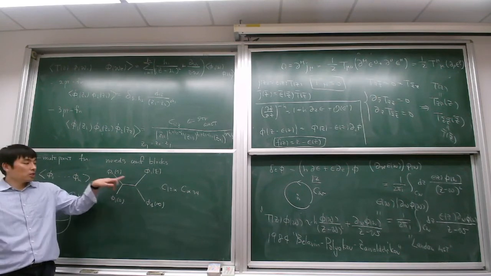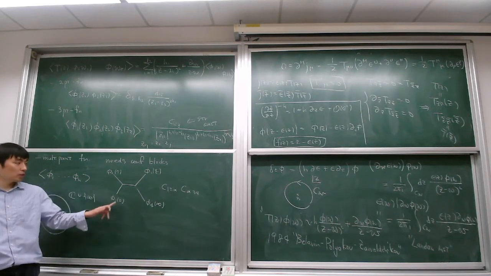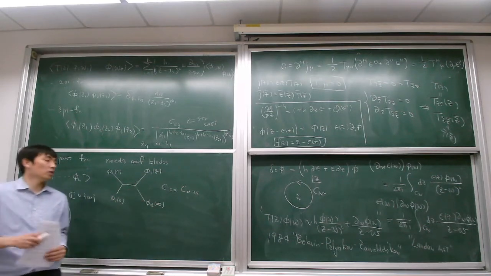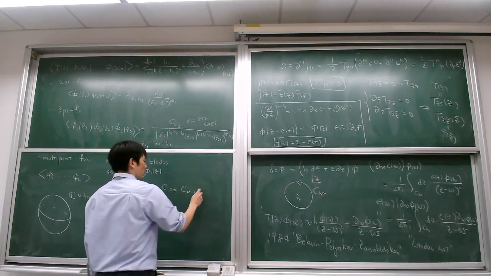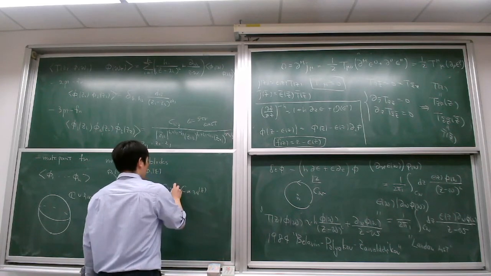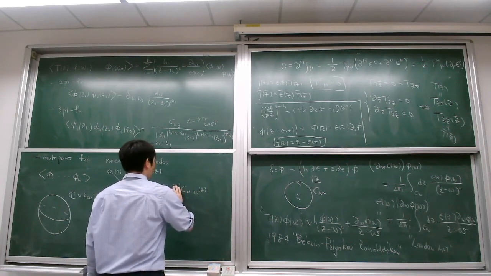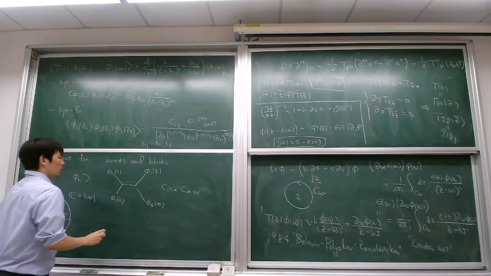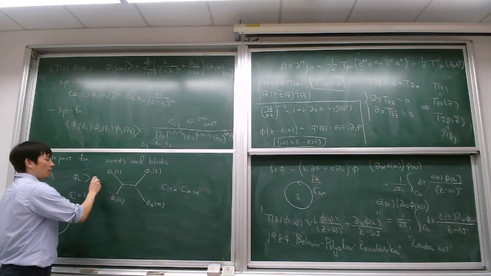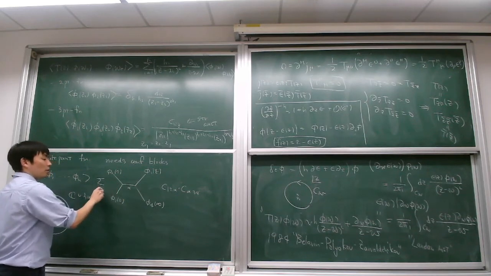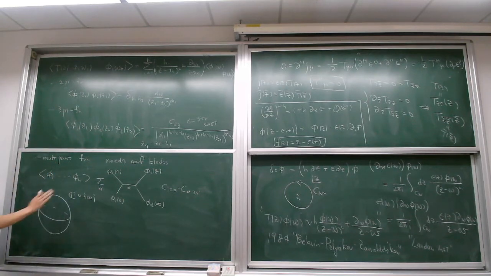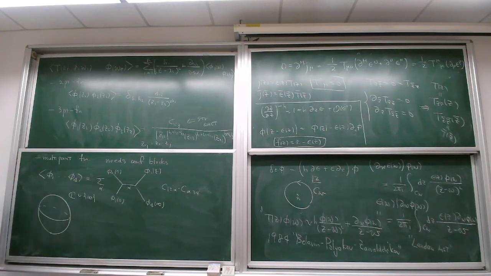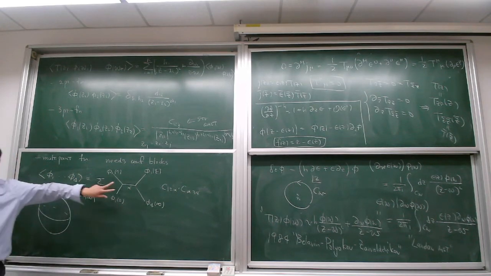So 3 operators can be put at 0, 1, infinity, but there's another freedom for the 4-point function, and everything depends on Q. And then you have to sum over alpha. This is the essential way to compute the 4-point function, and this is called the conformal block.